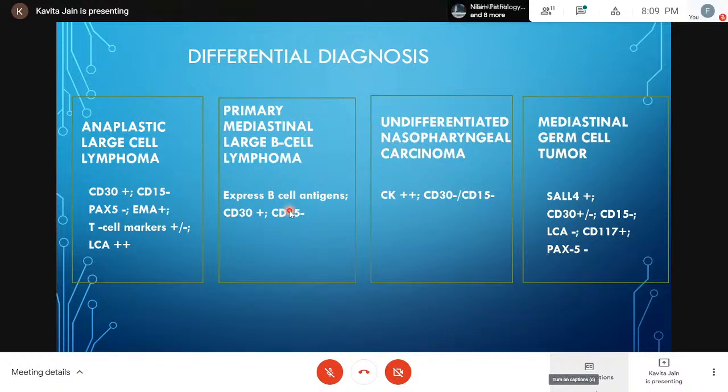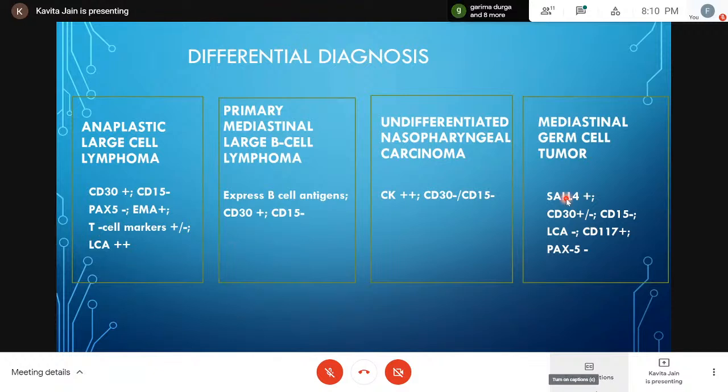Then anaplastic large cell lymphoma, again, is CD30 positive, but it will definitely be PAX5 negative. The slide will be clear of PAX5, so that helps us in differentiating. And of course, we also put EMA in our regular panel to rule out ALCL. And of course, LCA will be positive.